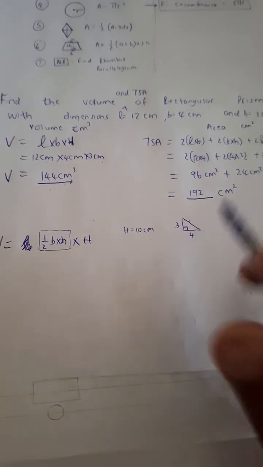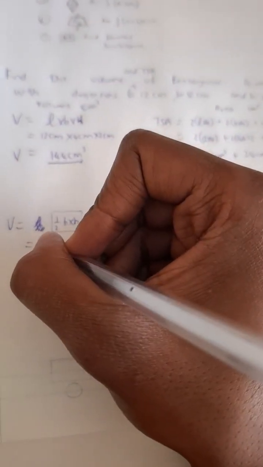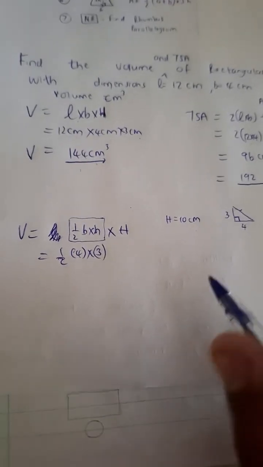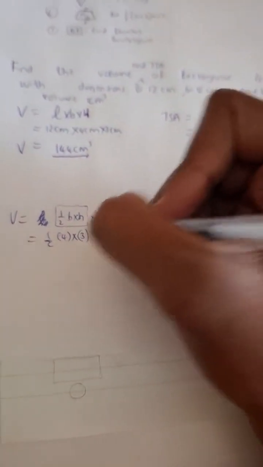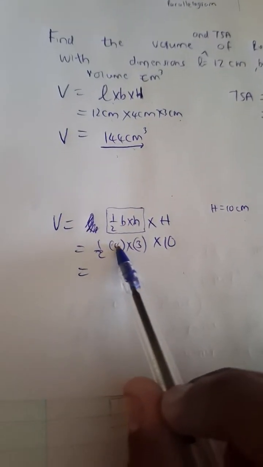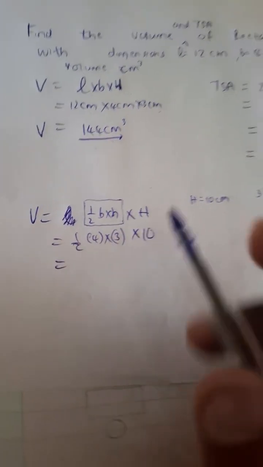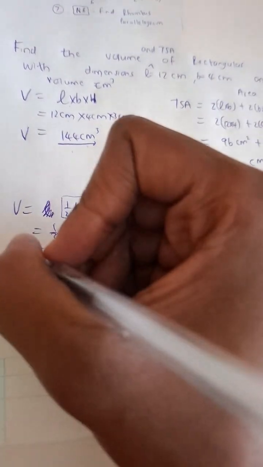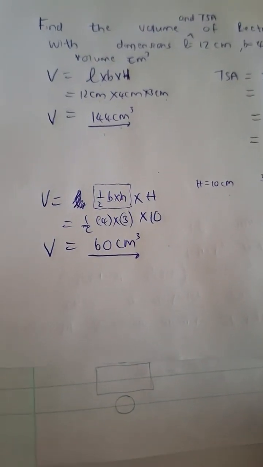So half base will be 4 times the height, which is 3. We are looking specifically at the area of that specific triangle. Then obviously we multiply it by the height, which is 10, the height of the entire triangular prism. Half times 4 is 2, 2 times 3 is 6, 6 times 10 is 60 centimeters cubed. Let's not forget that.